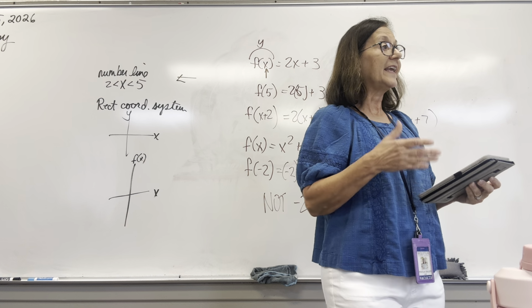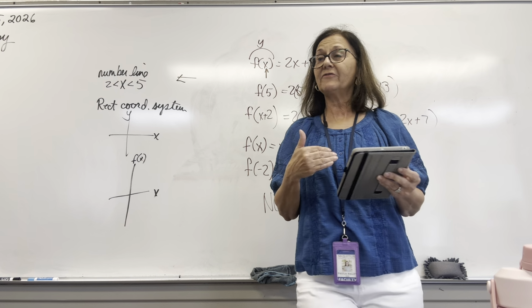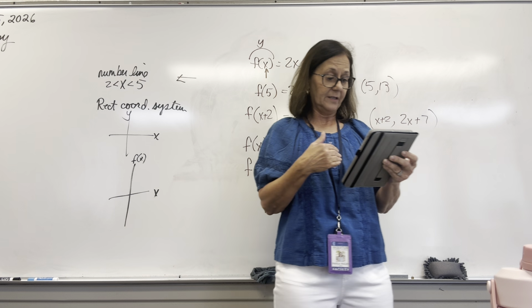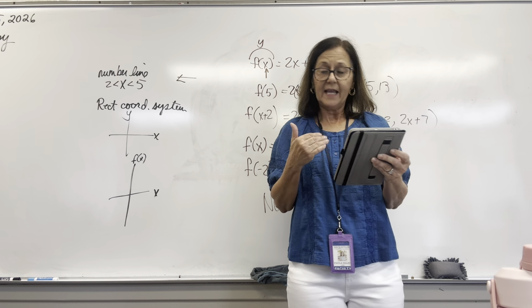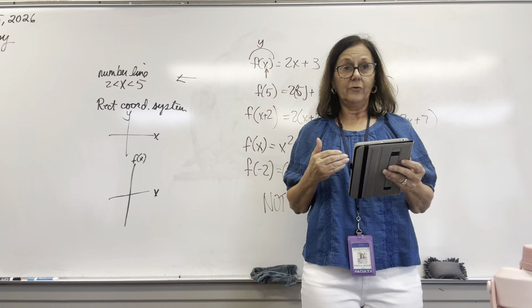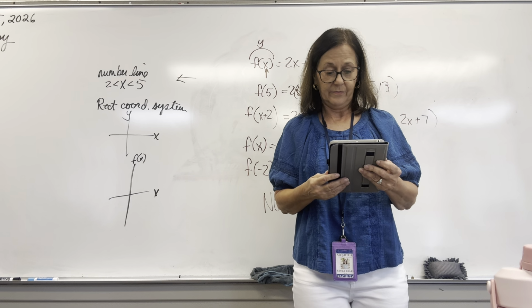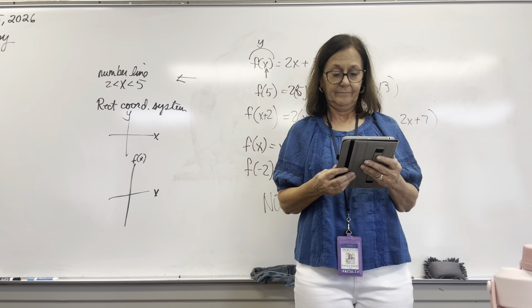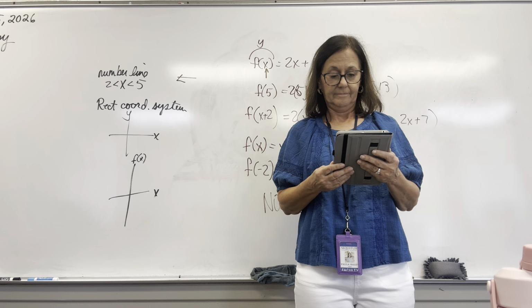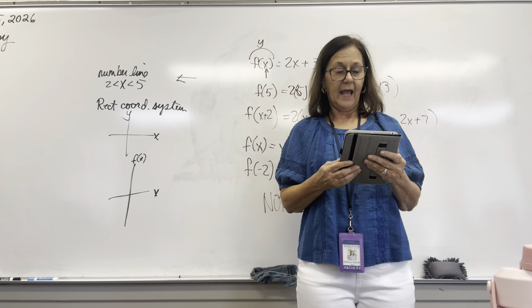All right, now we're given the output and we have to figure out the input. So Madeline, B, what is the x value for the output, the y value 0? Negative 3 and 2.